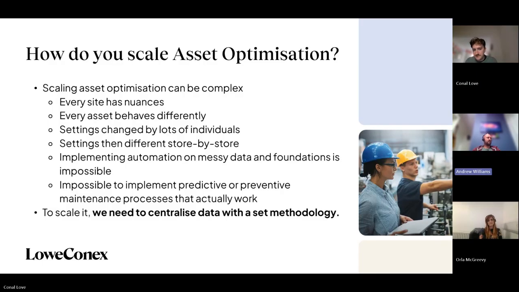Yeah, so asset by asset is easy if you've got a handful of assets in your estate, but realistically, you're going to be dealing with thousands, if not hundreds of thousands, of assets across entire portfolios. So what this comes down to is you need a way to centralize all of this data. And even when you've centralized it, you need an effective way to understand what each telemetry point is telling you.